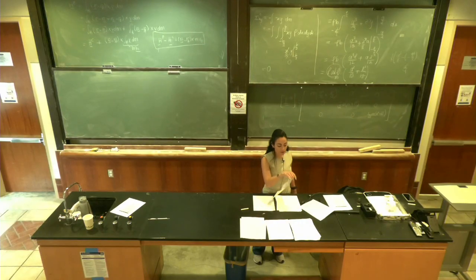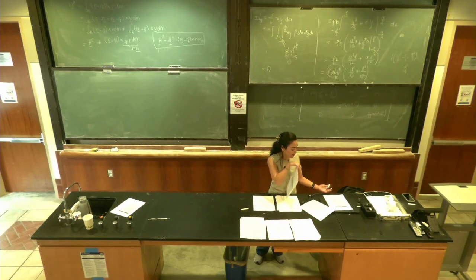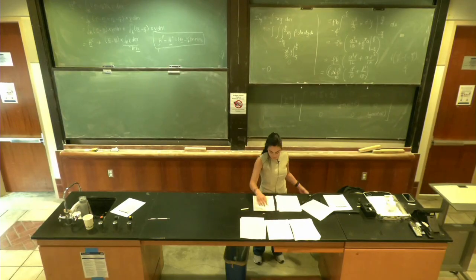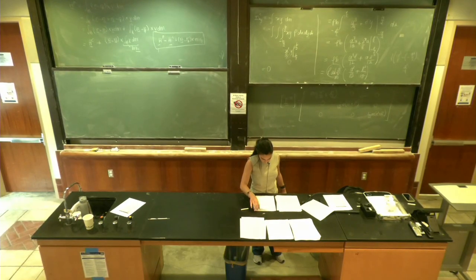In the notes, I do the example we just did for the rectangle. I do it for the circular cylinder, so you have some practice there.